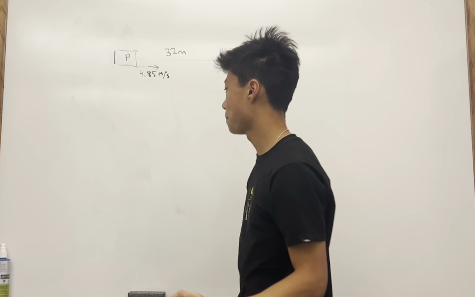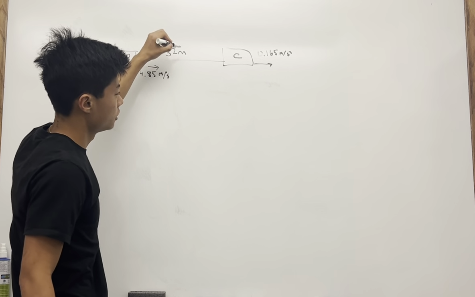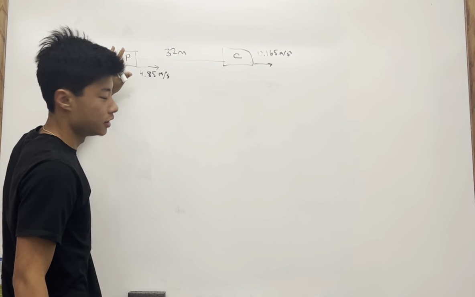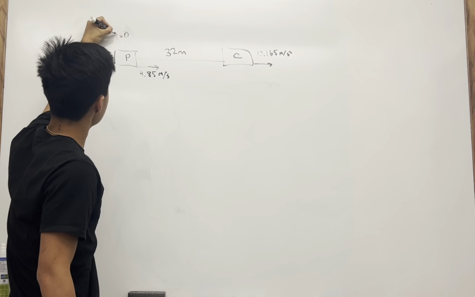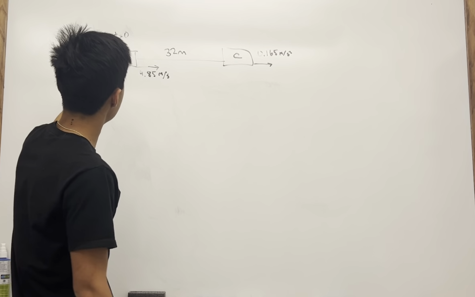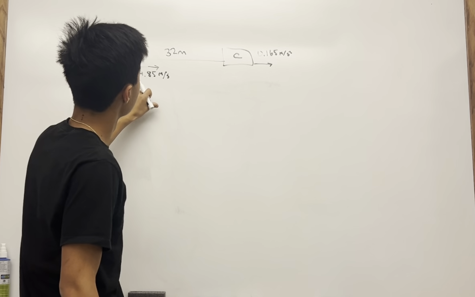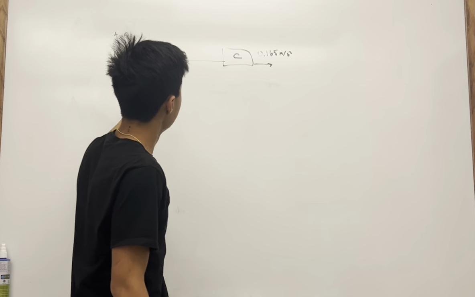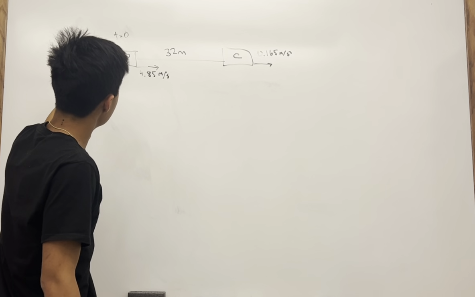If we start at this point when it's 32 meters, this is when time is 0. We can just say this point is when t equals 0. And then we can say that our x reference point, which means any x value that we get will be that value away from this point.